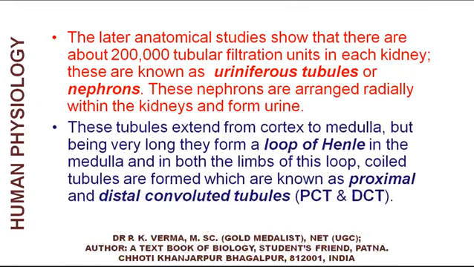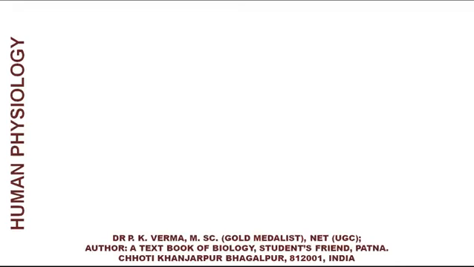These tubules extend from cortex to medulla, but being very long, they form a loop of Henle in the medulla, and in both the limbs of this loop, coiled tubular structures are seen behind the neck of Bowman's capsule as well as between the ascending limb and the collecting duct. These are known as proximal and distal convoluted tubules.